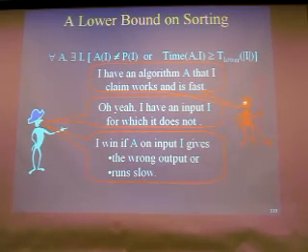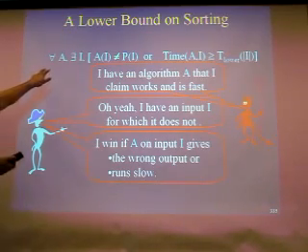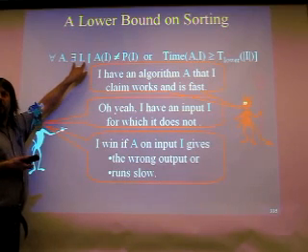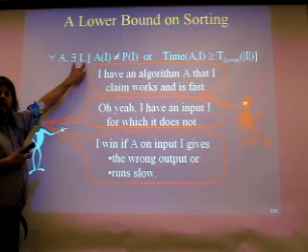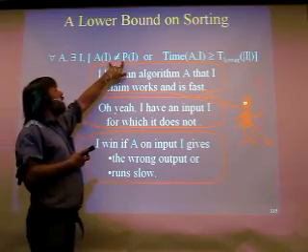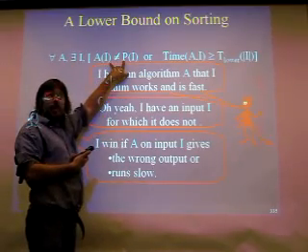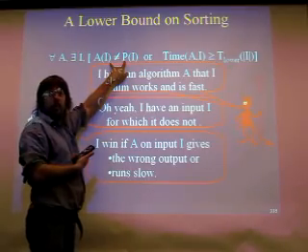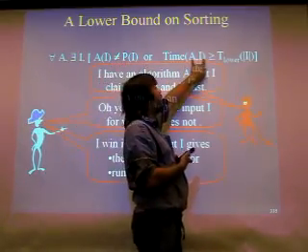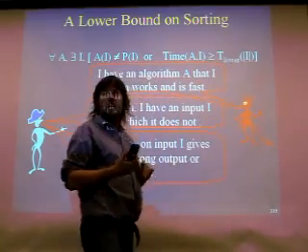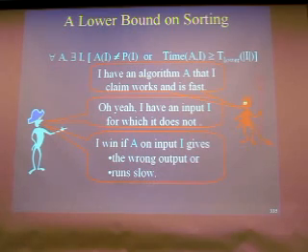He's going to give me an algorithm A, and what I'm going to do is I'm going to come up with an input I, and I'm going to show either that the algorithm he gave me gives the wrong answer, it doesn't correctly sort, or I'm going to show that his algorithm takes longer than n log n time. Right?